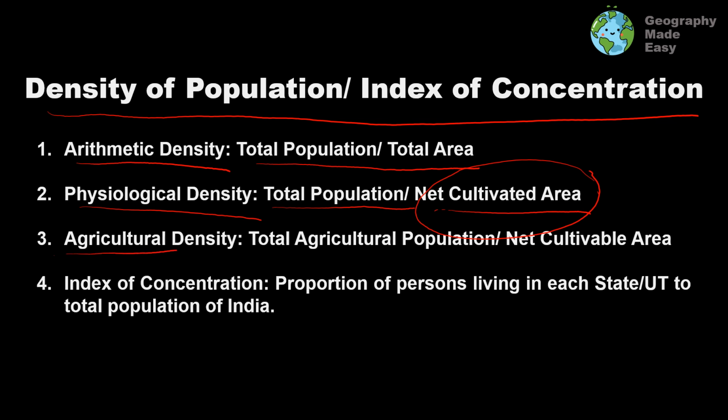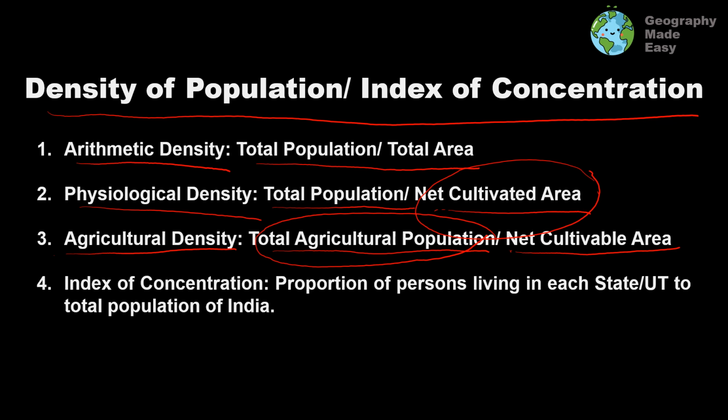Next, we have agricultural density, where total agricultural population is divided by net cultivable area. So here we are taking into account only those persons who are engaged directly in agricultural pursuits. In most cases, the population living in the rural areas.